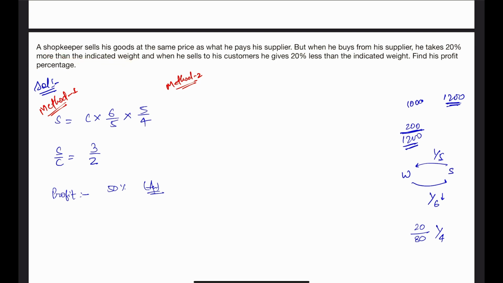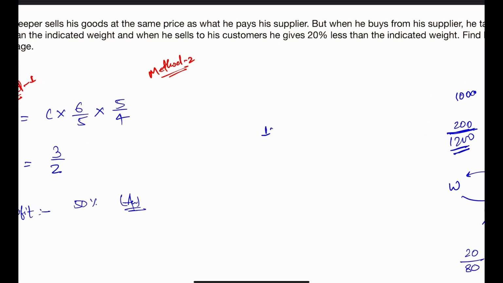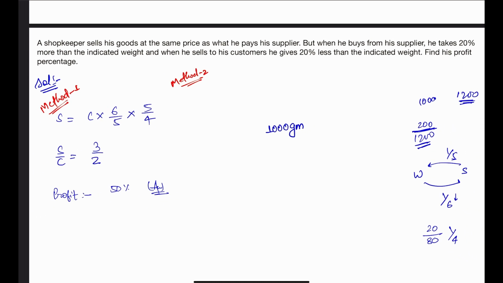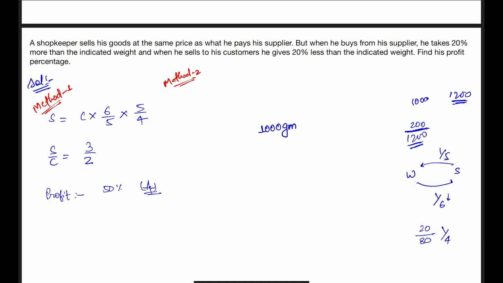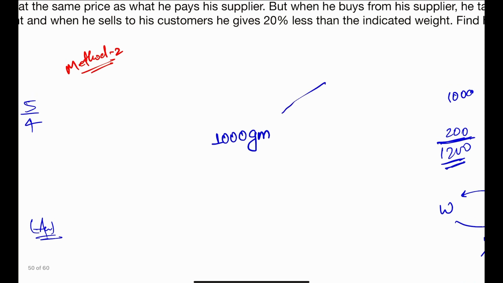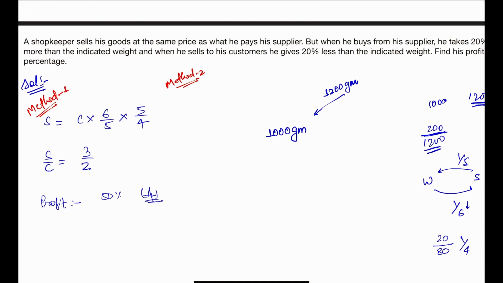So I can assume my indicated weight as 100 gram or 1000 gram, anything I can take, because generally the weighing machine balance used to give 100 type of denominations. So he takes 20% more than the indicated weight, so he is getting 1200 gram from the wholesaler.